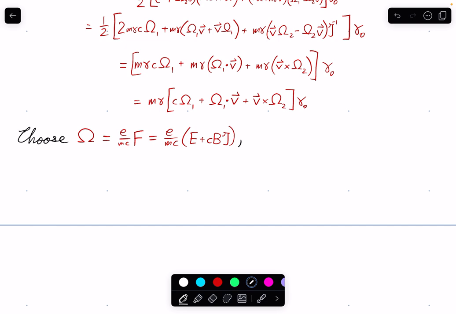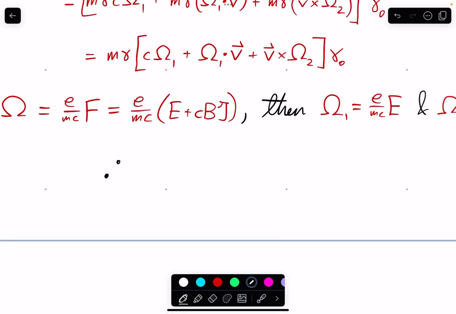So if we choose this, then we can go directly into this form by making this observation. Then omega 1 is equal to E over mc, the electric field, and omega 2 is equal to E over mc B. So now we can put all of this in.